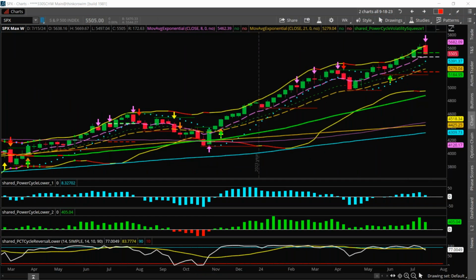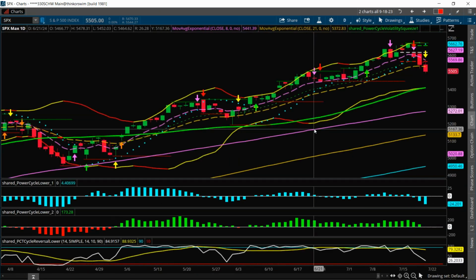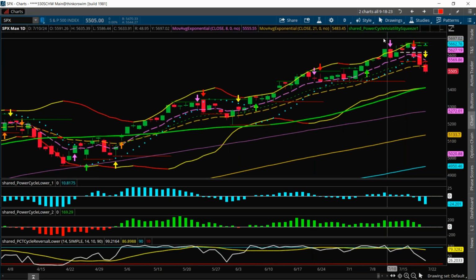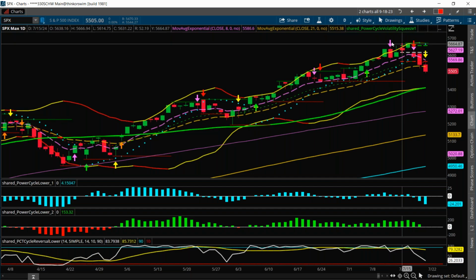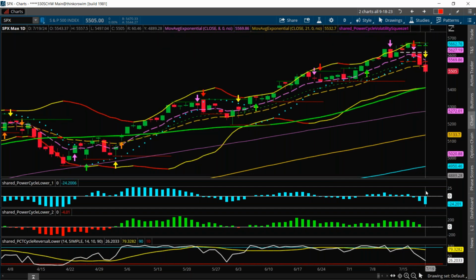These are things that are pointing out, and then we go down to the next time frame, the daily, which is what I refer to as the medium term, and you can see it's really starting to break down. We've got cycle reversal one here, then we had another one, and now we're getting cycle 1 and 2 go negative right here.